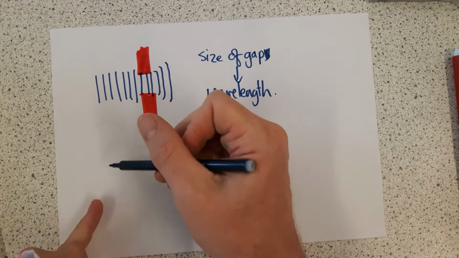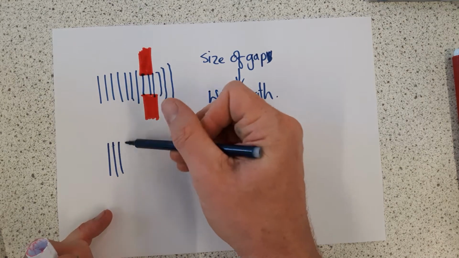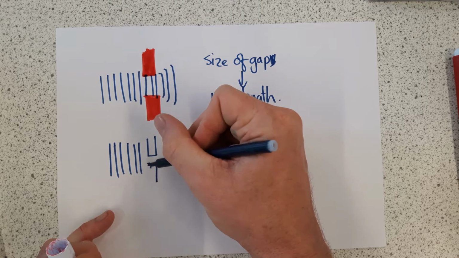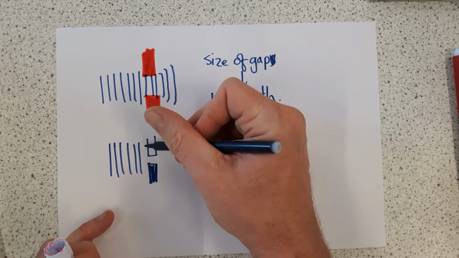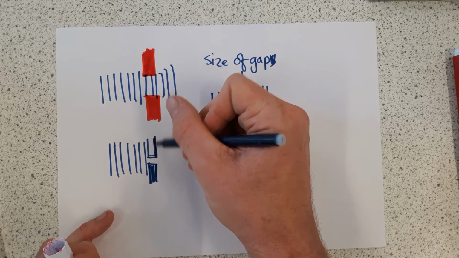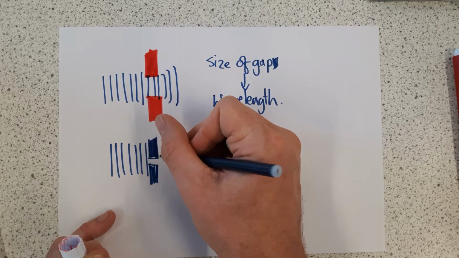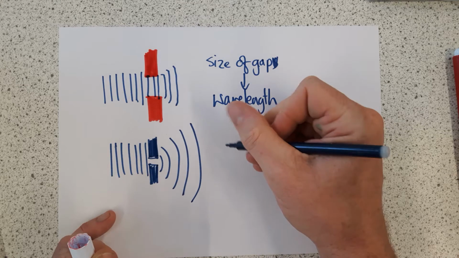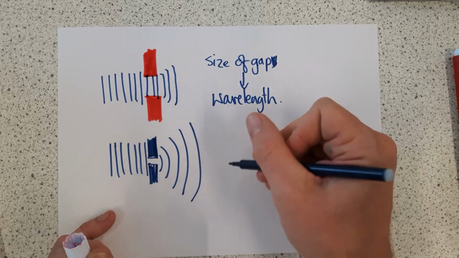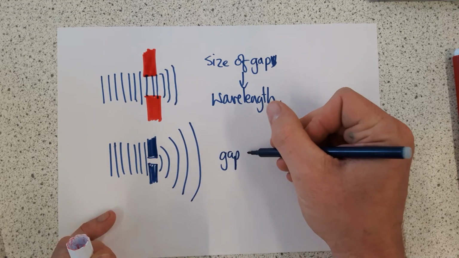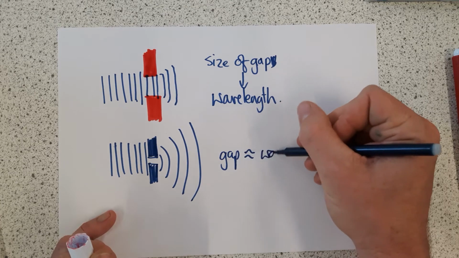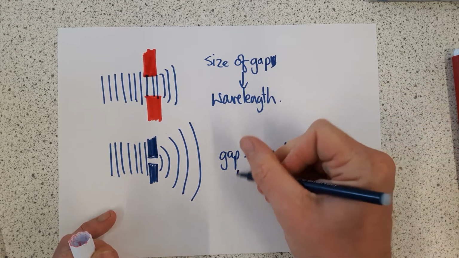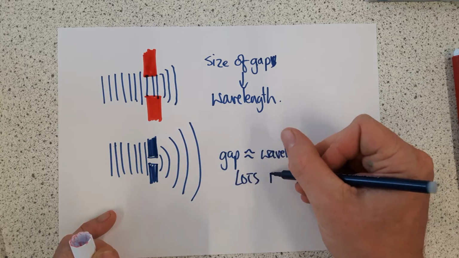So if I do a few scenarios here, with the same waves again, if they pass through a very small gap, which is comparable to the size of the wavelength, then we get an enormous amount of spreading out of the wave. So the gap is approximately equal to the wavelength, then I get lots of diffraction.